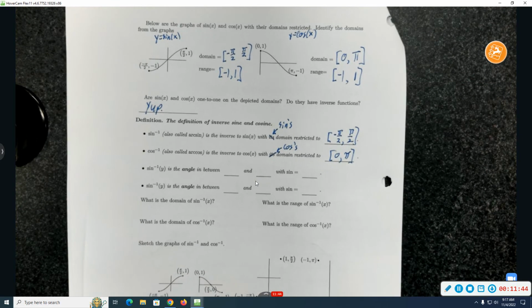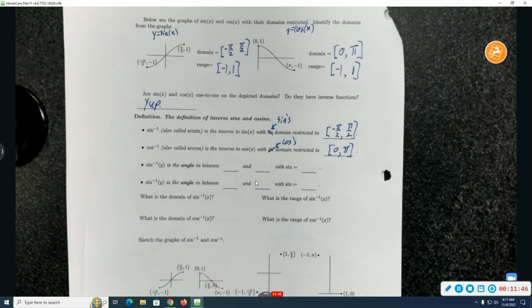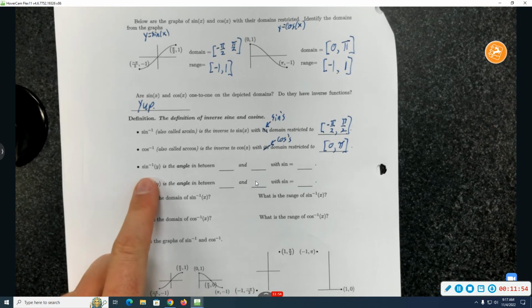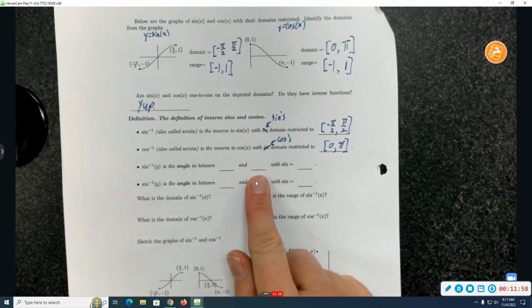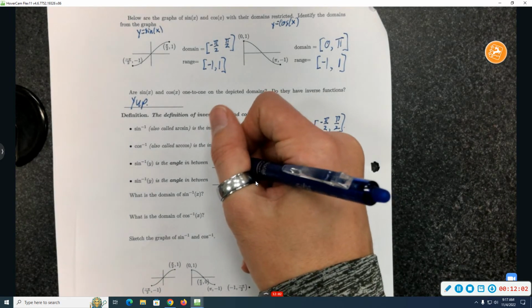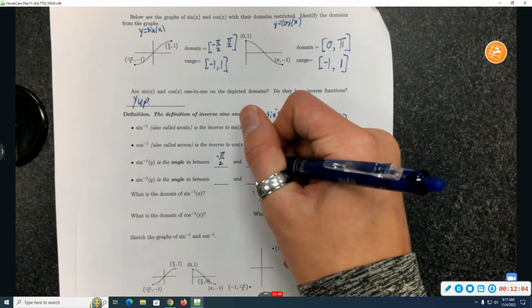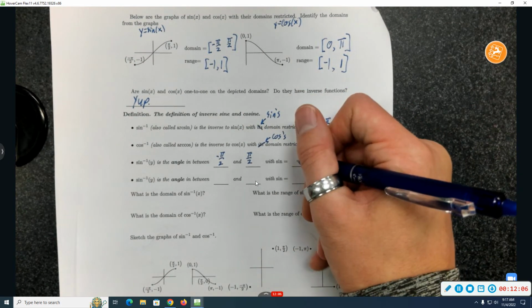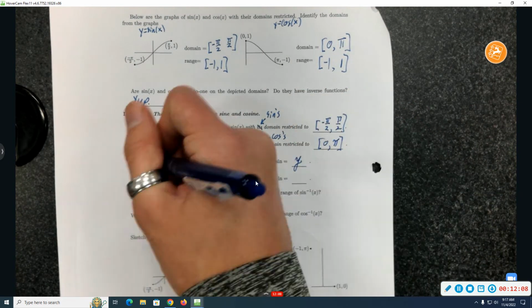In reading, it's really ambiguous what that refers to, so I want to be explicit. Let's rephrase this. Sine inverse of y is the angle between -π/2 and π/2 which satisfies that sine equals this number.